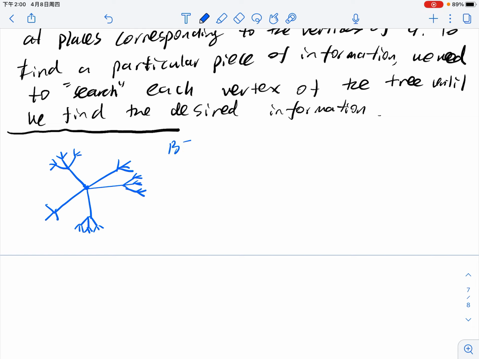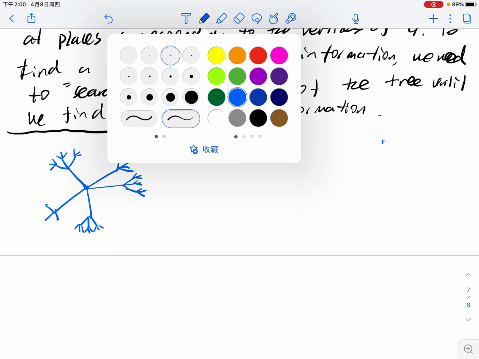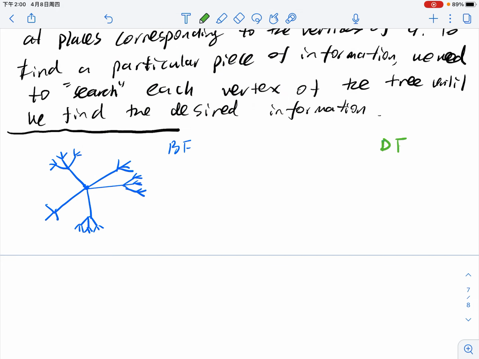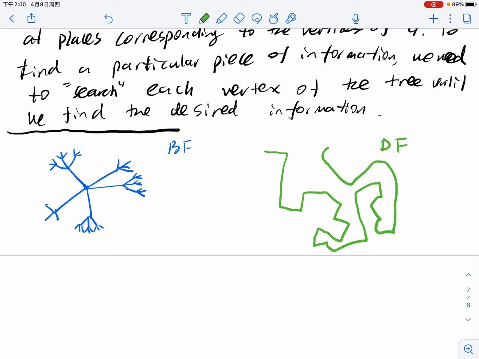So this is BFS. And then for DFS, you might think of Peano curves. It goes deeper and deeper and then returns from some place whenever you cannot go any further.